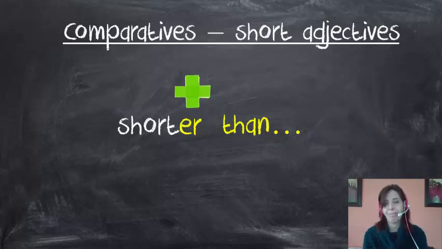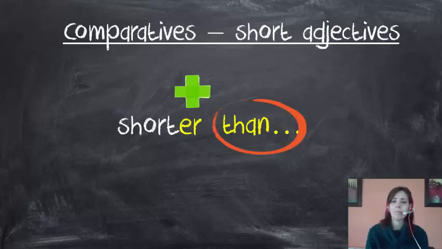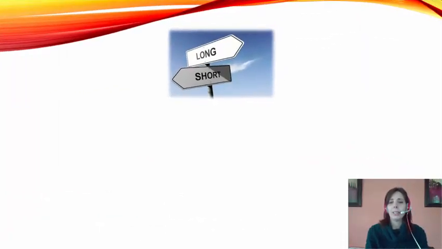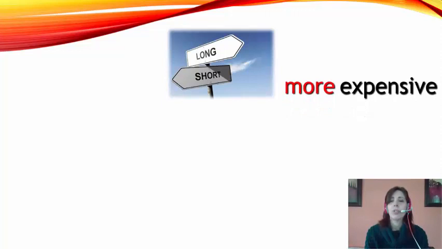Catch it? Yes, I assume you do. Okay, so what is important here is to distinguish if it is long or short. So you say, for example, more expensive, but you say smaller.